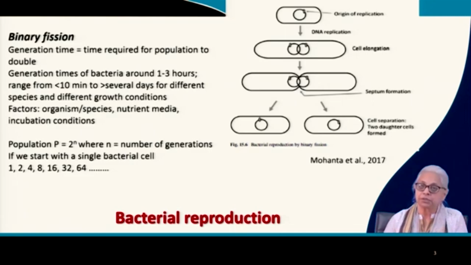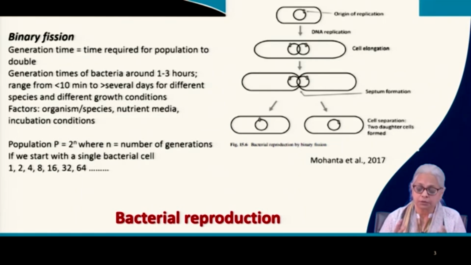If the nutrient concentration is low, they will reproduce at a smaller or slower rate. I will show you some schematics about that. And the third thing is incubation conditions. So what are the environmental conditions? What is the pH? What is the temperature? What is the pressure? All these conditions will determine the growth rate of the organism or the species that you are cultivating.